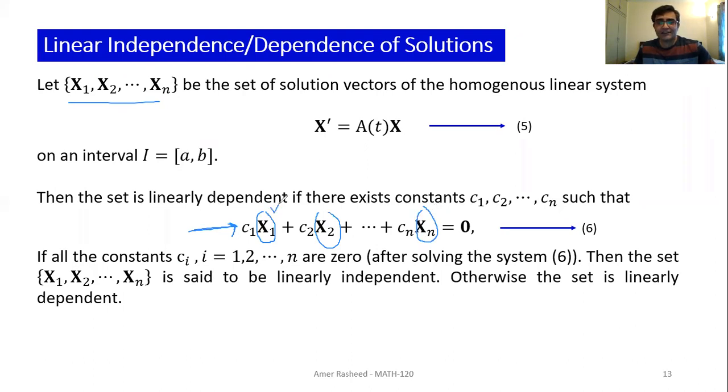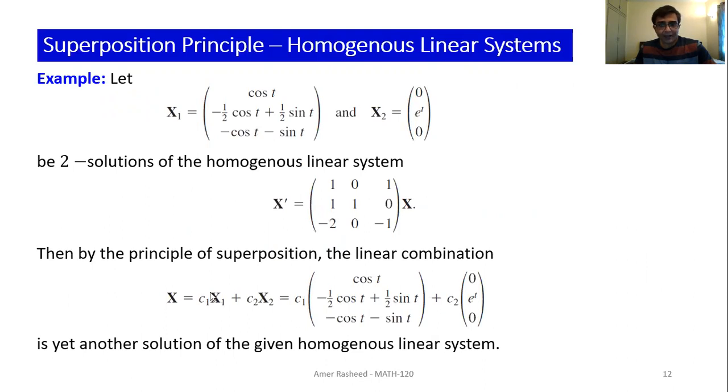But what if these x1, x2, xn are functions of t? Then it will be very difficult to solve this homogeneous linear system, because the solution may contain a function of t in each entry.